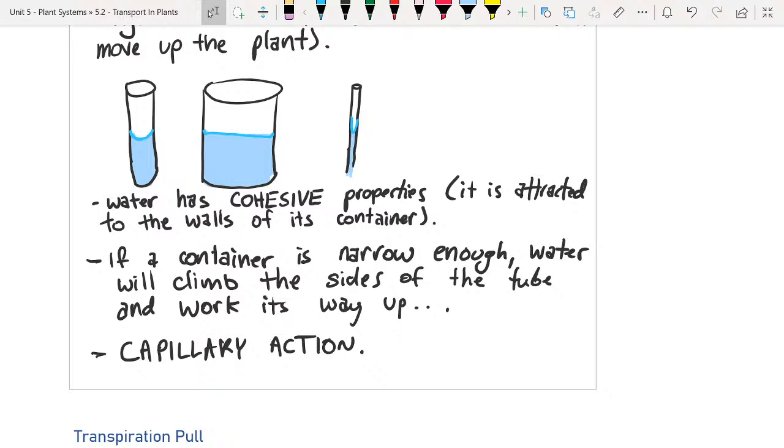So instead of having one big tube, as xylem, what the plant does is it has tons and tons and tons of really narrow tubes. And then because the tubes are narrow, capillary action helps the water move up the plant. Does that make sense? This is a good design.